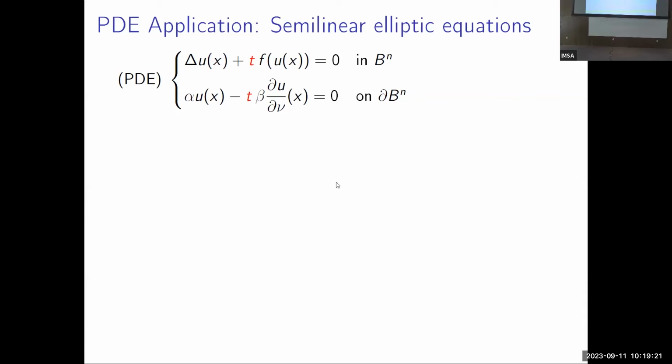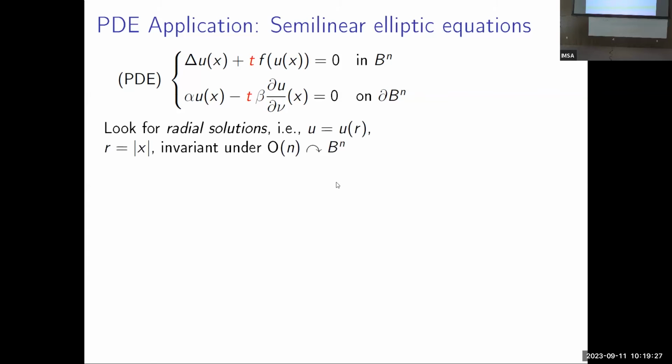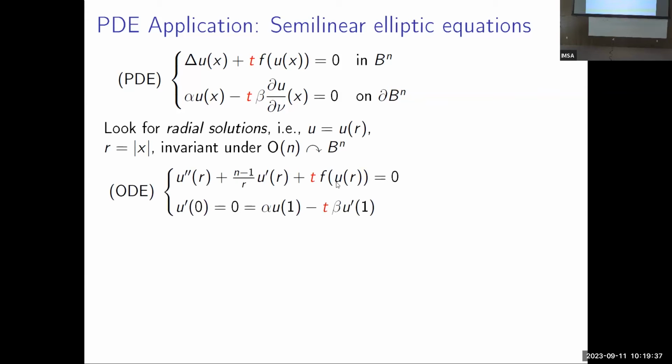These are in general hard equations to solve, but radial solutions are easy because for radial solutions you can write everything in terms of the parameter r, and everything becomes like a regular second order ordinary differential equation, which, depending on what kind of nonlinearity f you're using, may be easy to solve.